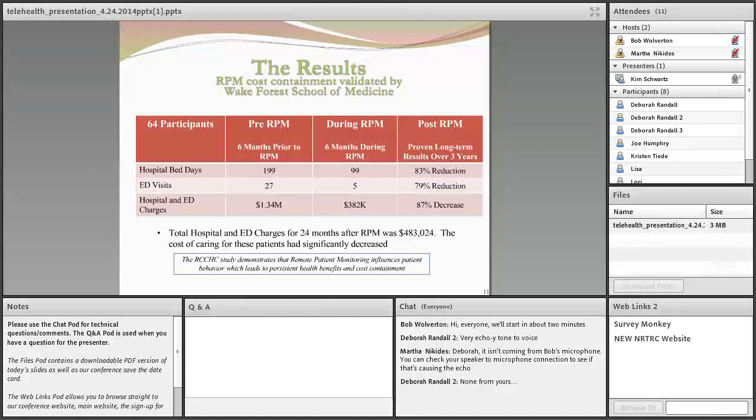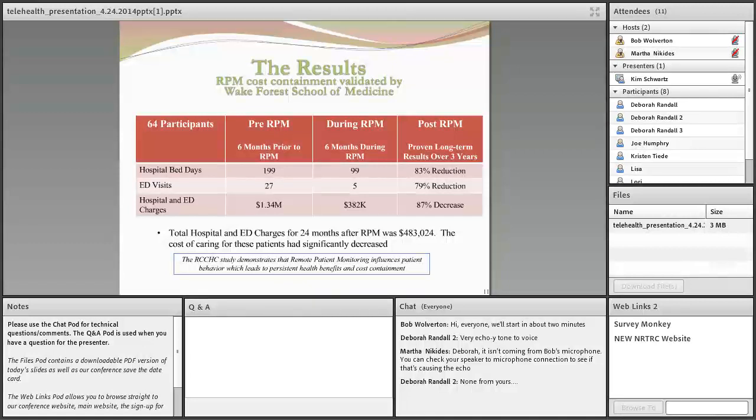So we just pulled chart data. So these are 64 patients that we pulled the data on that were using remote patient monitors. So we were able to pull 6 months prior to installing remote patient monitoring.